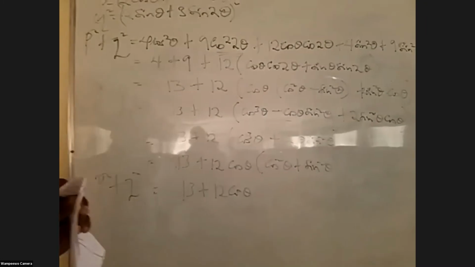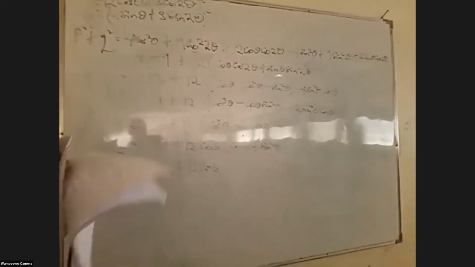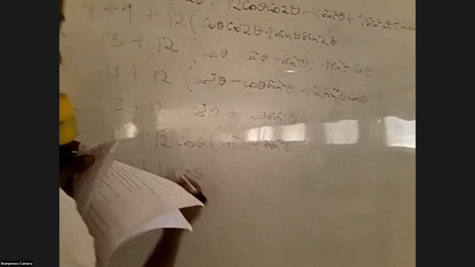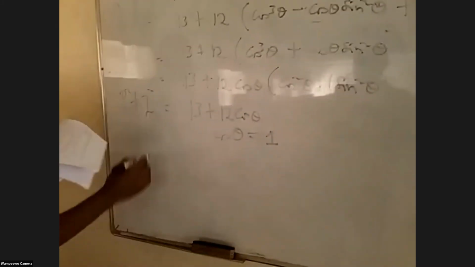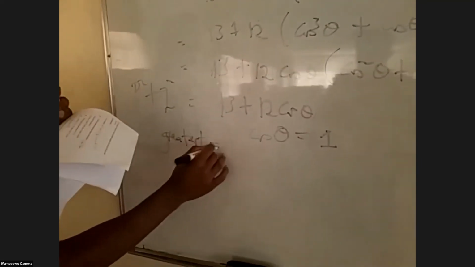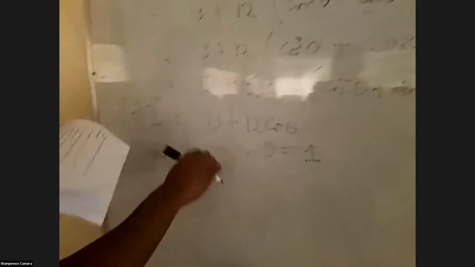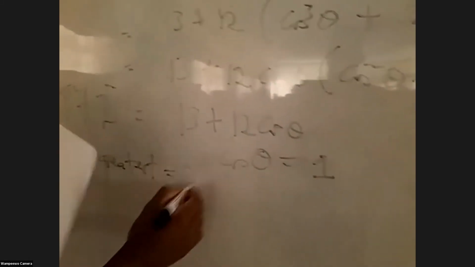The question was to find the greatest and least values of P squared plus Q squared. Remember very well, for cos theta to be maximum, cos theta is equal to 1. Therefore, the greatest value of P squared plus Q squared will be 13 plus 12 times 1, which is 25.